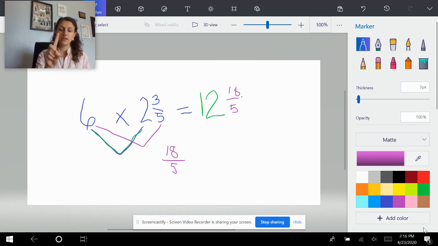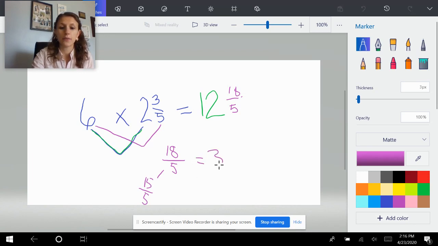So I can do 5/5, 10/5, 15/5. So that means that I can get 3 wholes from 18/5, because again, I can make 3 groups of 5/5. All right, so I can get 3 wholes, and then I would have 3/5 left over, because 15 plus 3 gives me that total of 18/5.